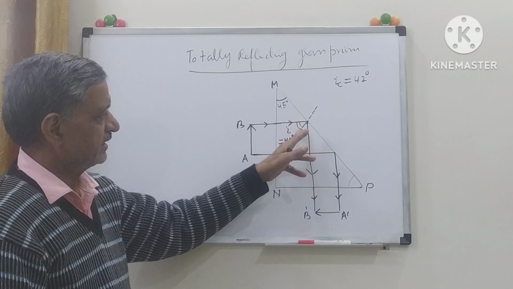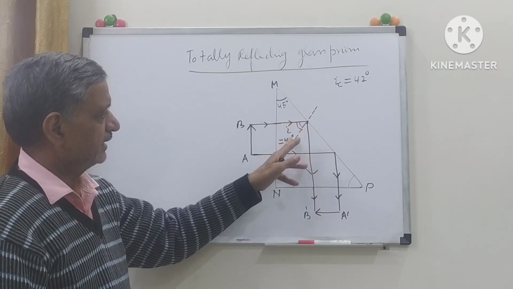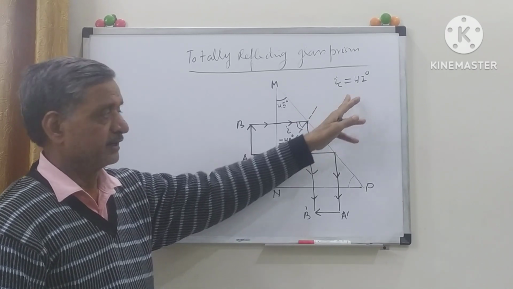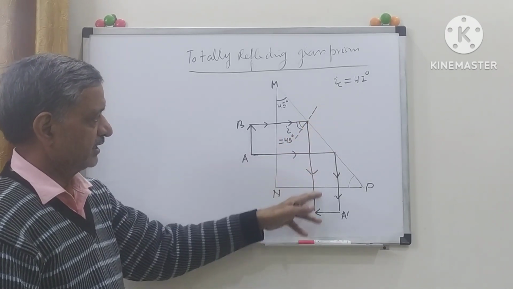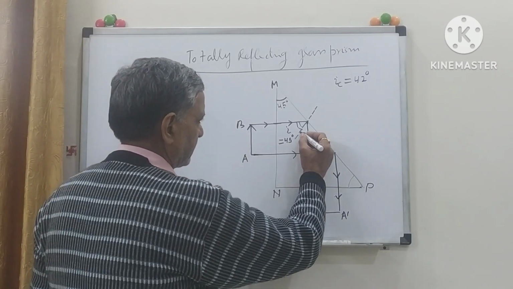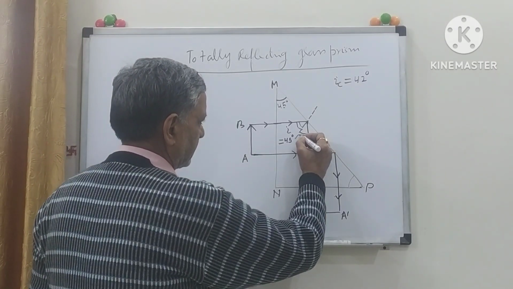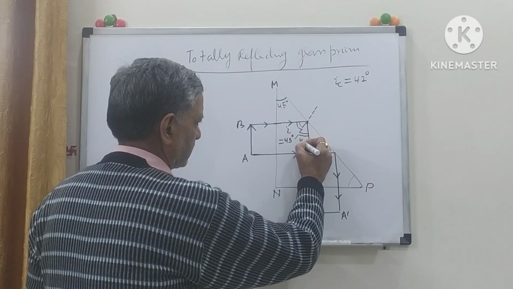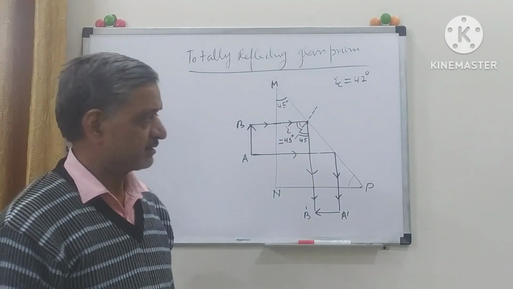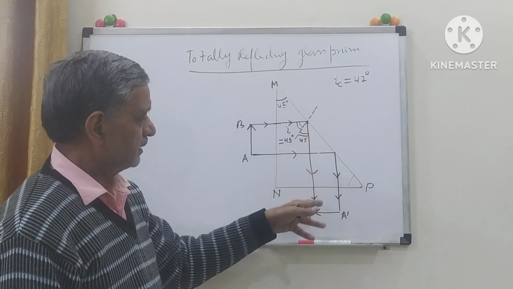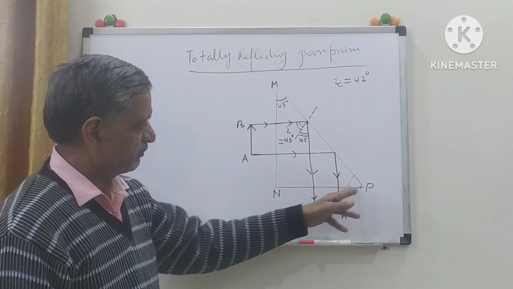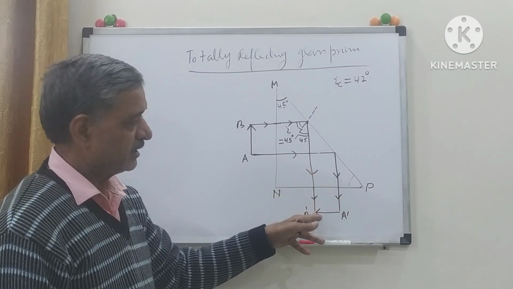So angle of incidence I will be 45 degrees, which is greater than the critical angle. So total internal reflection will take place. It means the angle of reflection is also 45, because angle of incidence equals angle of reflection. The reflected ray will be normal to face NP, so it will go straight.